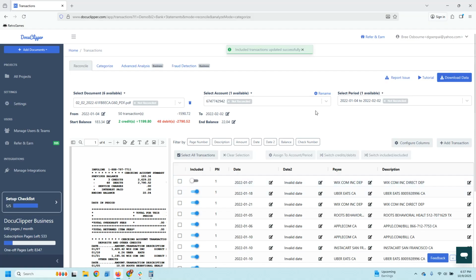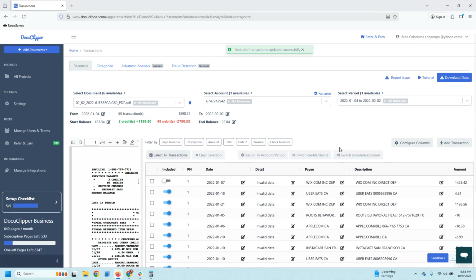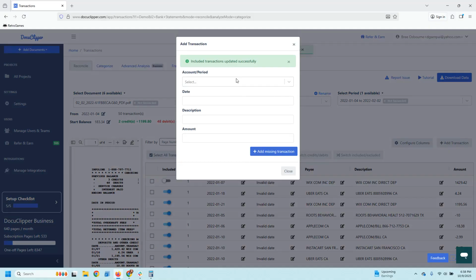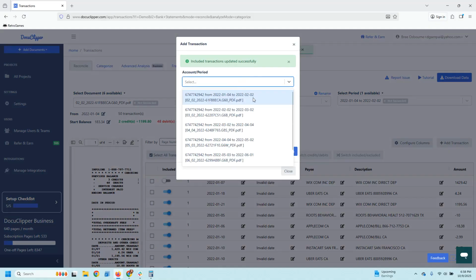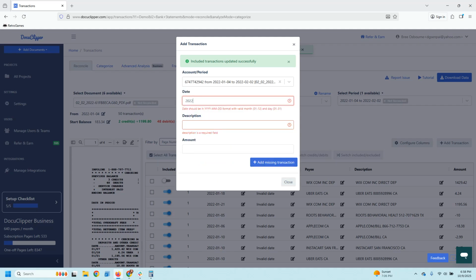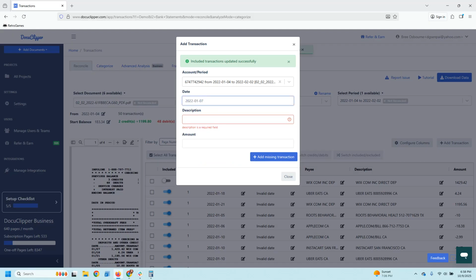And if you needed to resolve an issue like that, you would simply open up your pane once more and then go to add a transaction. And it is going to be for this period that we're in. You enter the date, making sure you use the right format.